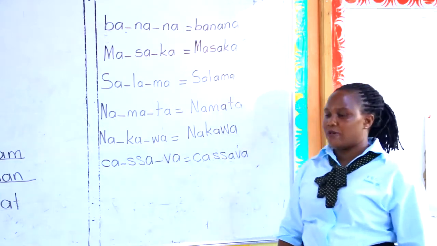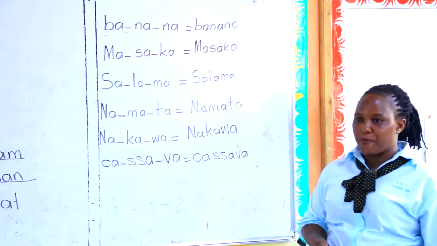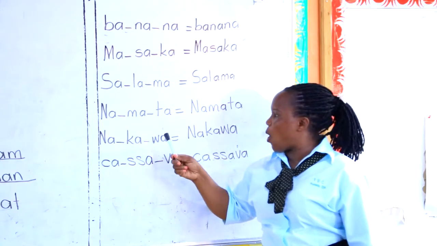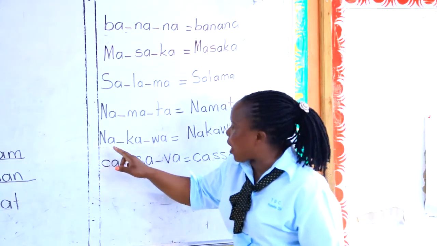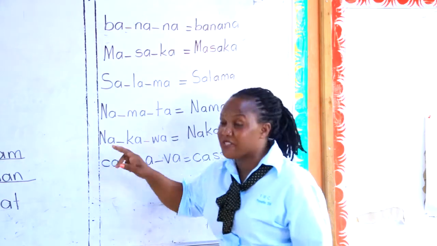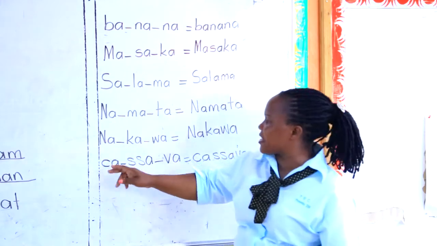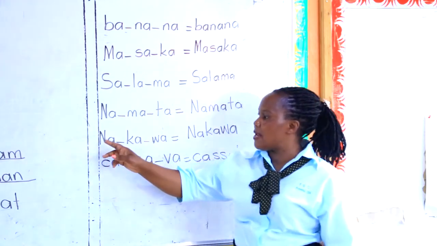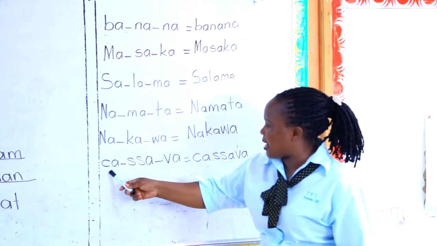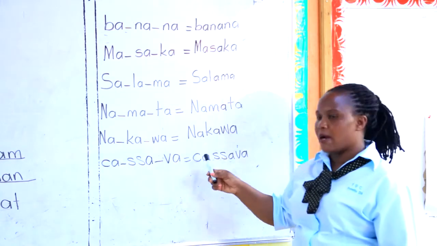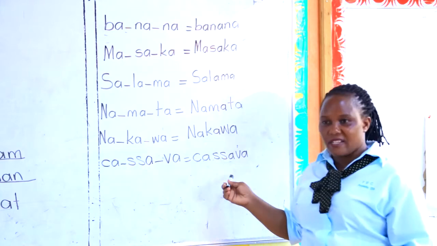Look at this one. Nakawa. Everybody. Nakawa. We are starting the word Nakawa with a capital letter because Nakawa is a name of a place. That's why we are saying it has to start with a capital letter. Let's go down to the other one. Cassava. Again. Cassava.